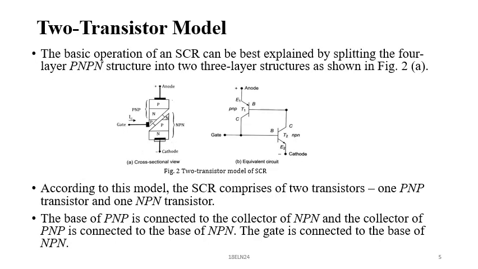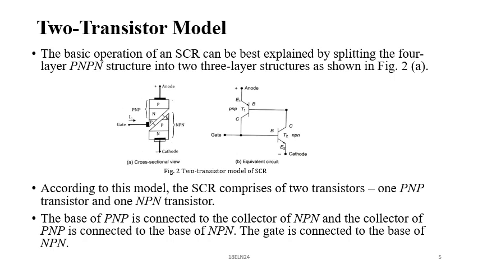Next we'll discuss the two transistor model. The operation or working of an SCR can be explained by using a two transistor model. The basic operation of an SCR can be best explained by splitting the 4-layer PNPN structure into 3-layer structures. We know that a transistor is a 3-terminal device, and there are two types of transistors: the NPN transistor and the PNP transistor.